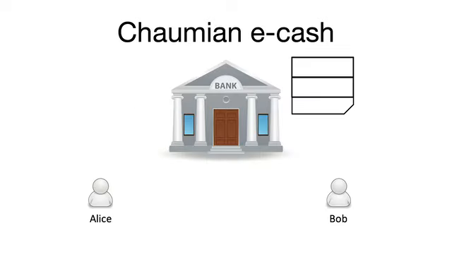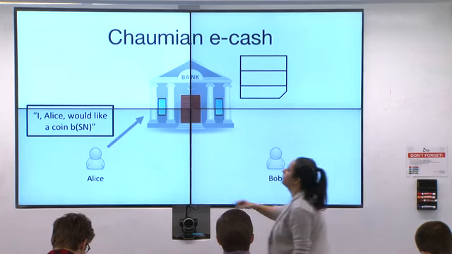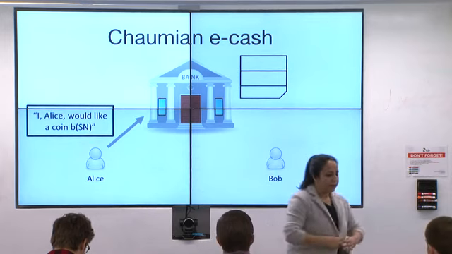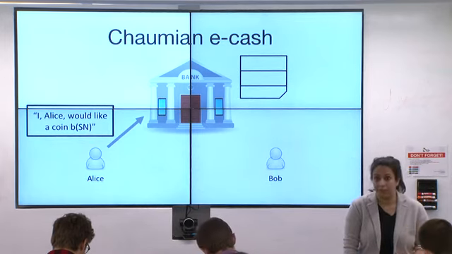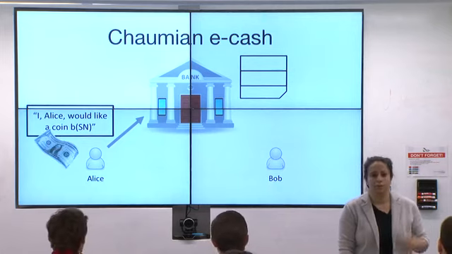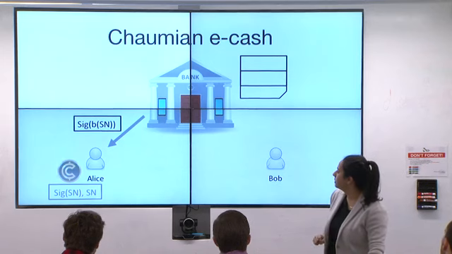So just to get into how this works visually, Alice will talk to the bank, and Alice will use a blinding factor on the secret number. And so when Alice talks to the bank, the bank doesn't actually see what the secret number is. They can't decode it. Again, Alice gives $1 or something like that to get this coin from the bank. And the bank signs this.